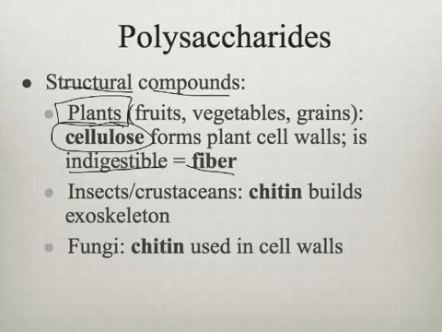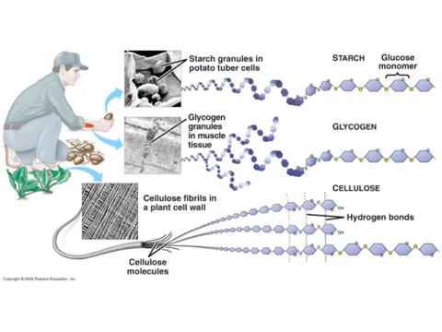That's really hard to chew and break down because we don't really have the enzymes to break down that structure, but it gives the plants a hard, firm structure so the plant doesn't fall over. Another structural polysaccharide is chitin, and this is found in animals, so it makes up the exoskeleton, or kind of like the outside shell that insects and crustaceans, things like crabs, have. And it's also used in fungi as well to give them firm cell walls.